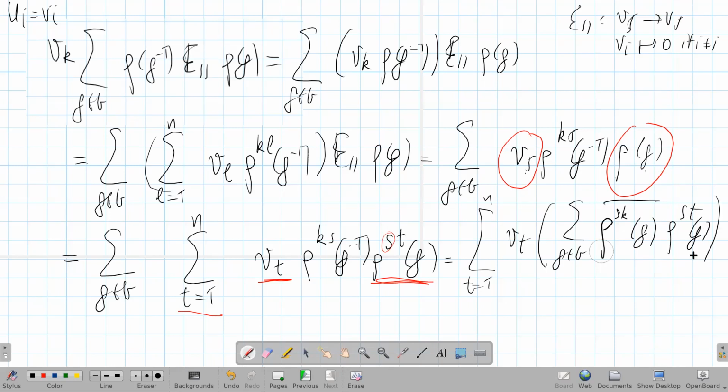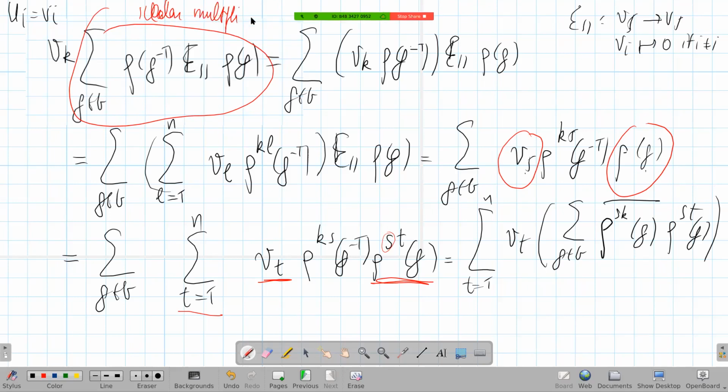But remember, I had taken the element vk, and we know that this map is scalar multiplication by lambda. I'll recall in a second what lambda is.